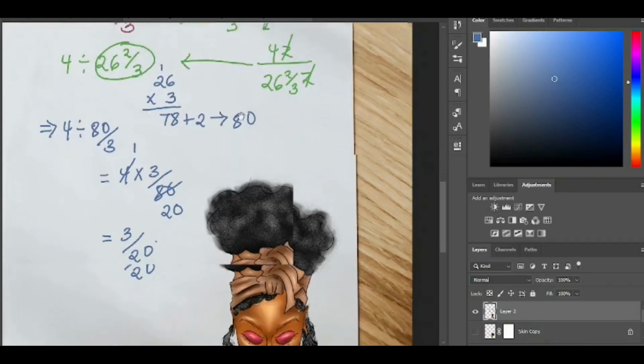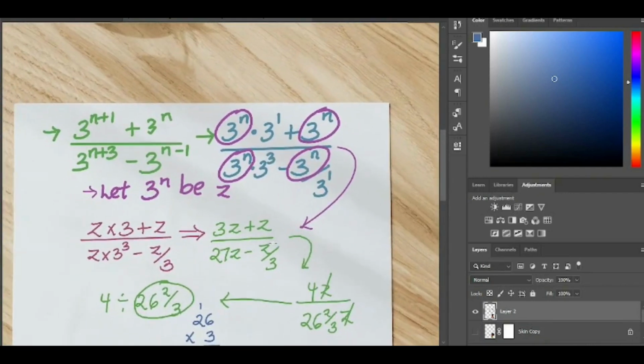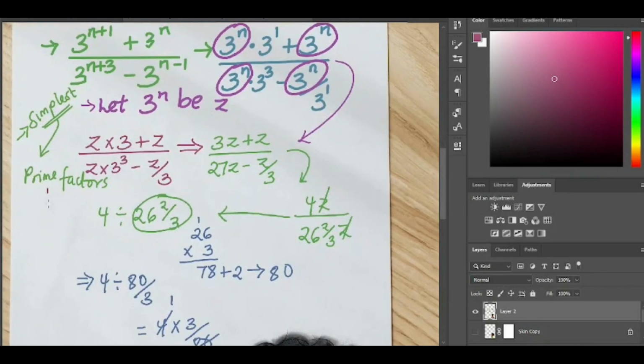So in short, for us to be able to work out questions of indices comfortably, the first thing is just to make sure we write all the indices in the simplest form possible, that is, using the prime, writing it in terms of its prime factors. And then after doing that, the next thing you're going to do, if possible and if there are repeating patterns, is introduce algebra.